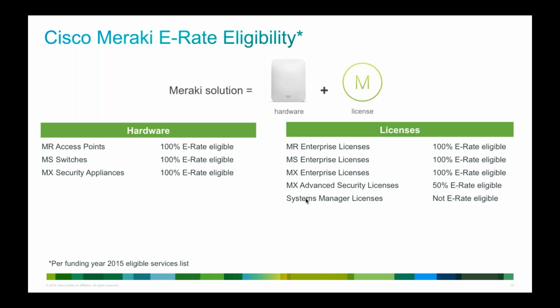But unfortunately, for reasons that boggle the mind, content filtering is not an E-rate eligible technology. So there is no E-rate eligibility for that other half of the advanced security license. But that's why we have things like the promotion that I was just talking about to help you manage that. Systems Manager licenses are not E-rate eligible today. I personally would love to see that change because it's such a phenomenal product for education, and so many of our Systems Manager customers are education customers, but today we do not have E-rate eligibility there.